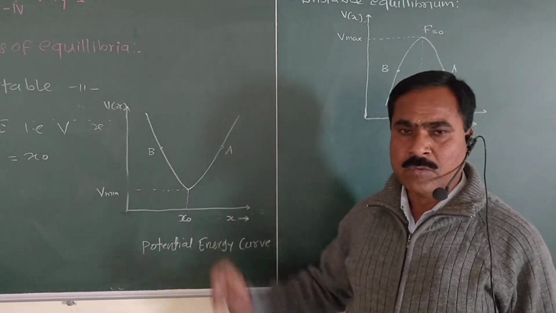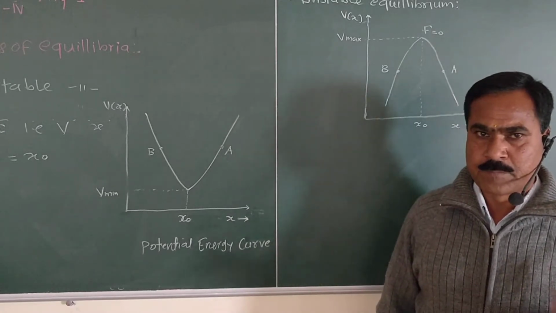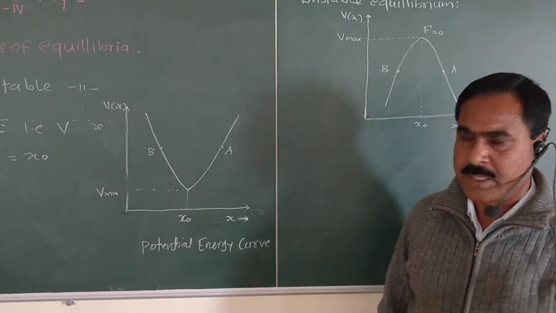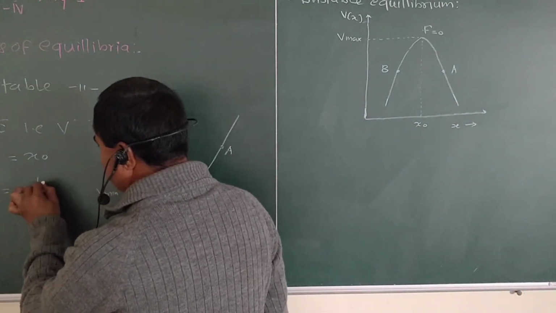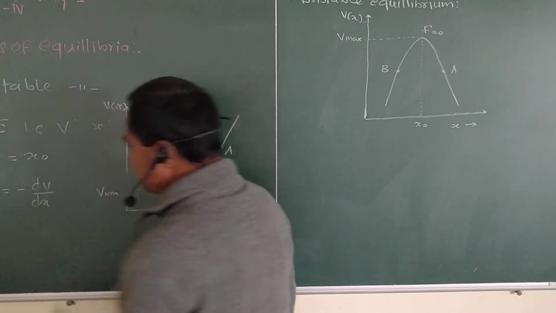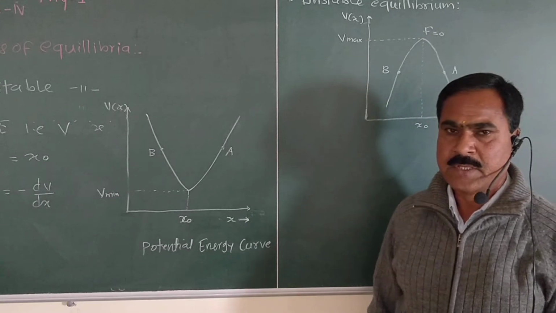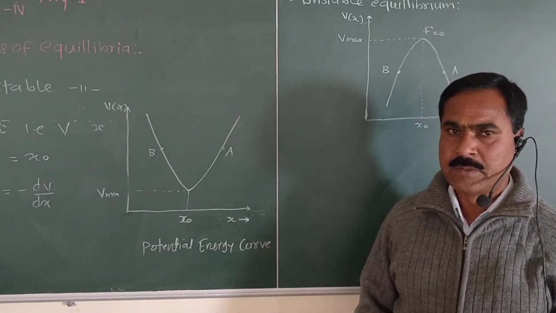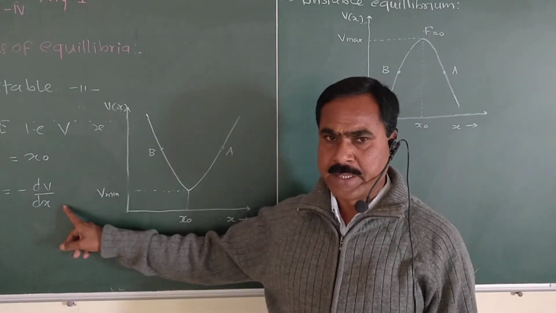Now further, you know, the force is derived from the negative gradient of the potential. That means the force equals minus dV by dx. So in a conservative system, the force acting on a particle is derived by taking the negative gradient of the potential energy.